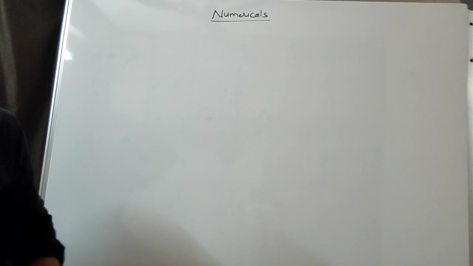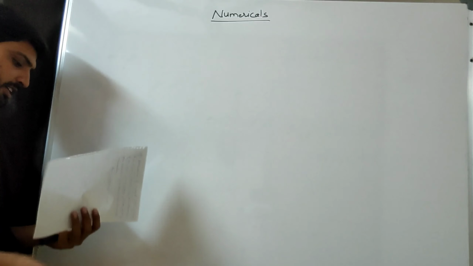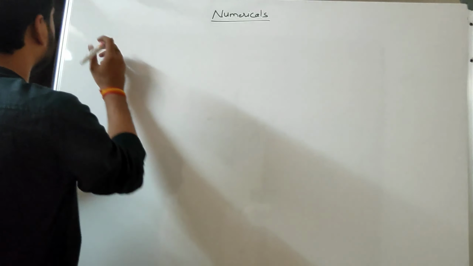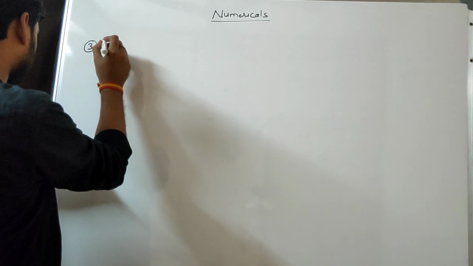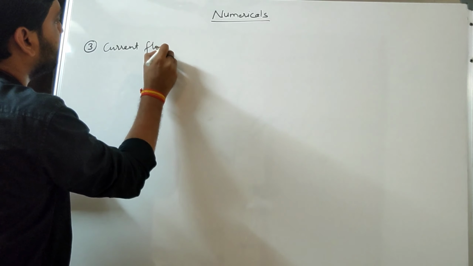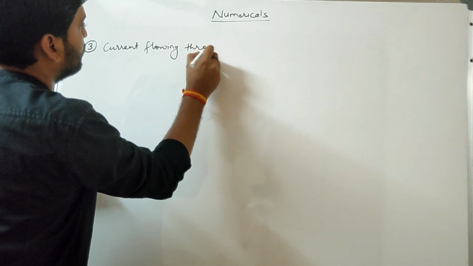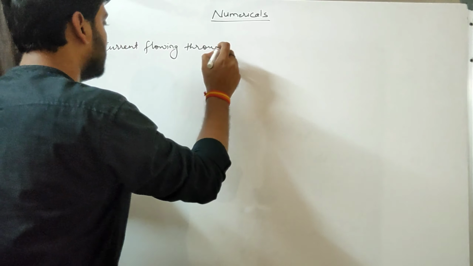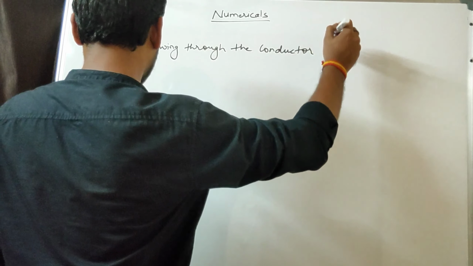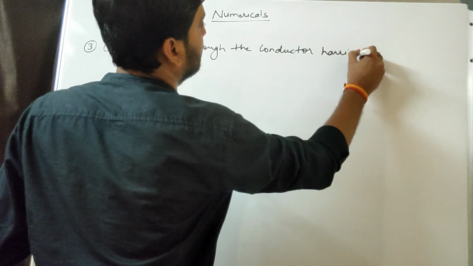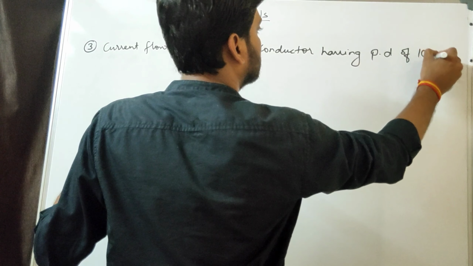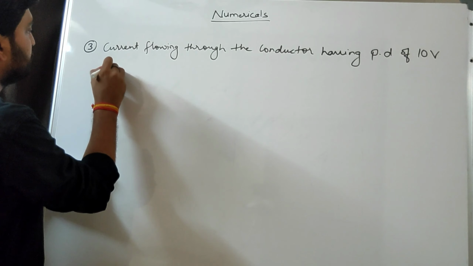Now see the third question. Current flowing through the conductor having potential difference, PD means potential difference, of 10 volt is 2 ampere.